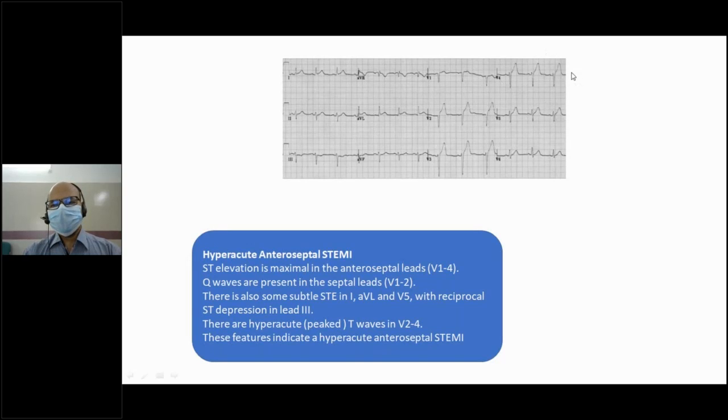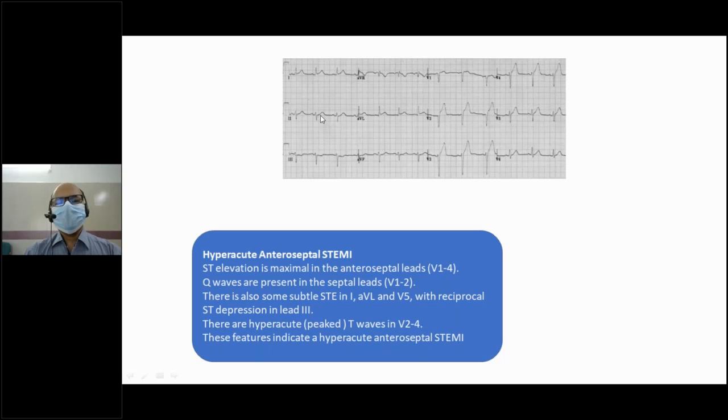This is the ECG. These are leads 1 and AVL, and V1, V2, V3 as well as V6. So this patient has ST elevation in V1 to V4. When do you call it ST elevation? You draw an isoelectric line, that means the PR line, from the beginning of the P to the ending of the T. This is called the isoelectric line.